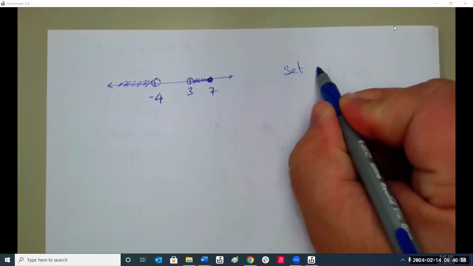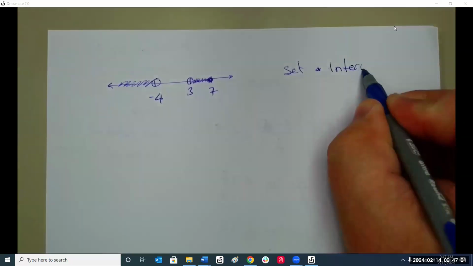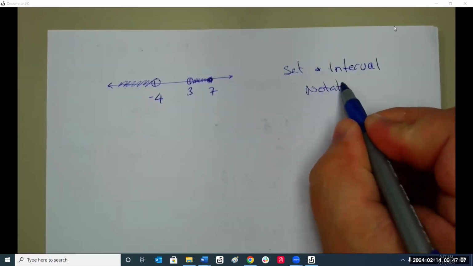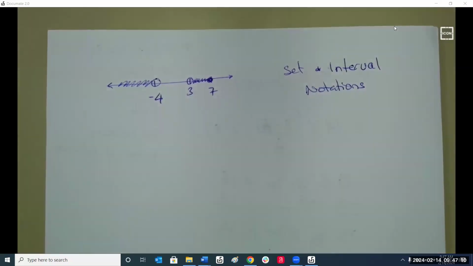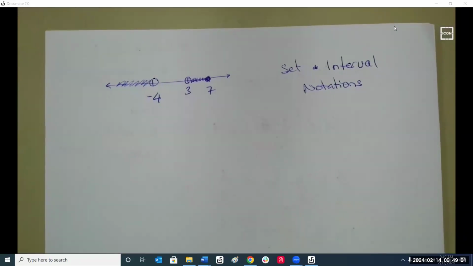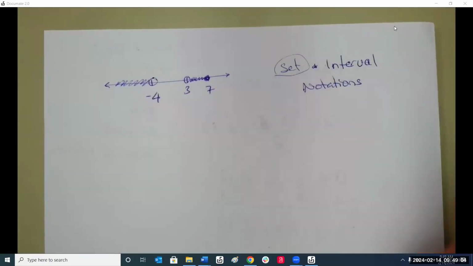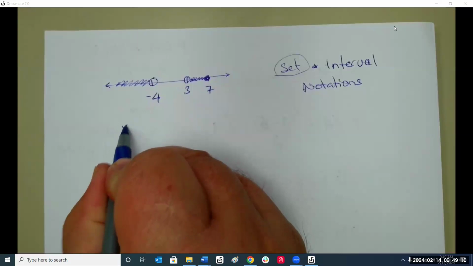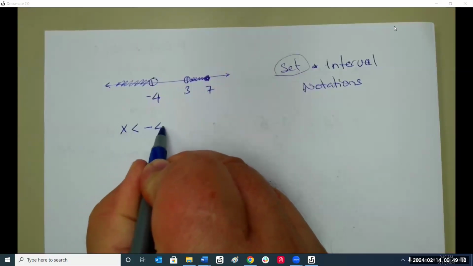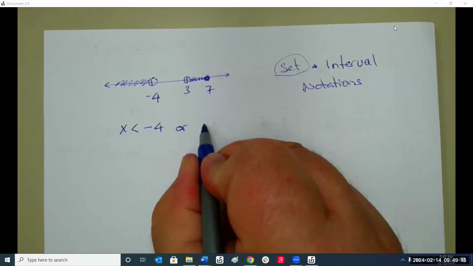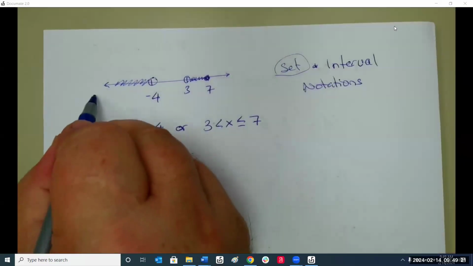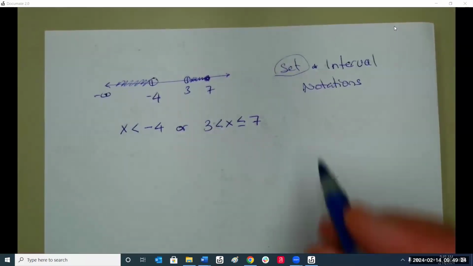Give me the set and interval notations. All right. So what would the set notation look like? Very good. Because this one goes to -infinity. And that's your set notation.